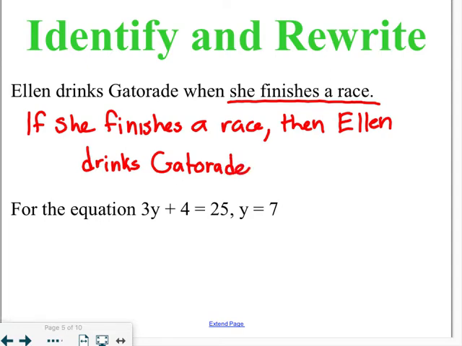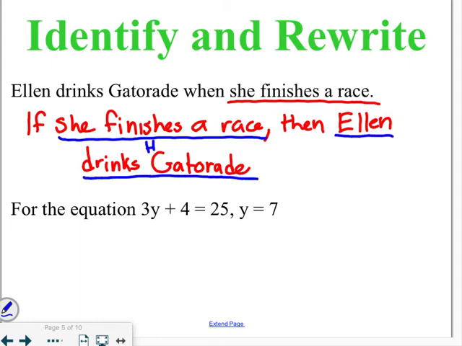So the first part, the if she finishes, is our hypothesis, and the drinks Gatorade is our conclusion. We are certain that if she finishes the race, then she will drink Gatorade. We can't guarantee that it's the other way around.